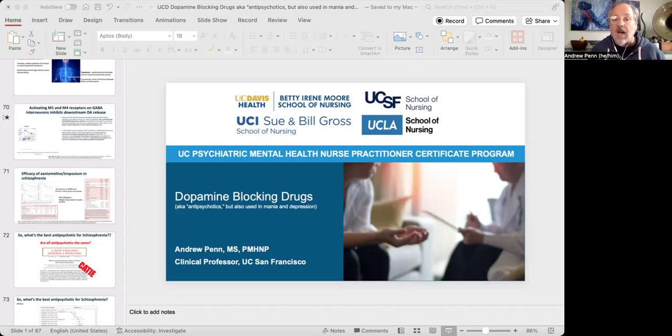So it has a high Ki, meaning that it's not very sticky. Also, we need to think about what the drug does once it attaches to the receptor. Many of the drugs that we're going to be talking about today are antagonists of the receptor. So they are sitting and blocking that receptor from being activated by something like dopamine or serotonin.